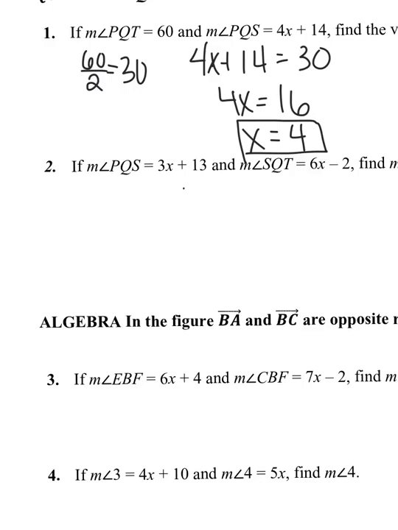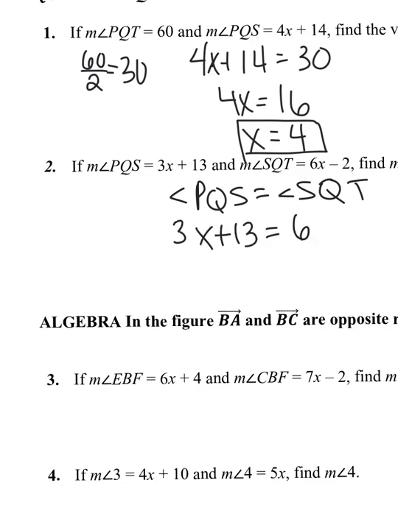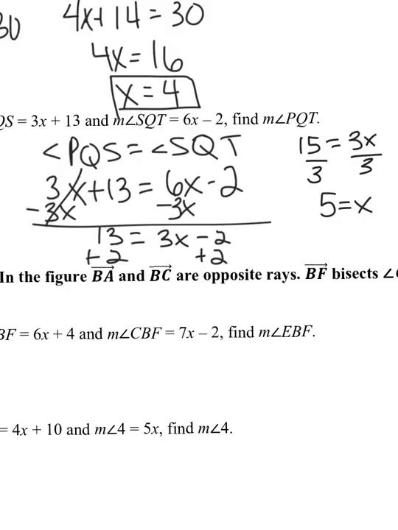So if you want some work on there, angle PQS is equal to angle SQT. So PQS, 3x plus 13 equals 6x minus 2. Go ahead, take some time, try to solve it on your own. Pause it if you have to, and then come back and see if you have the right answer.